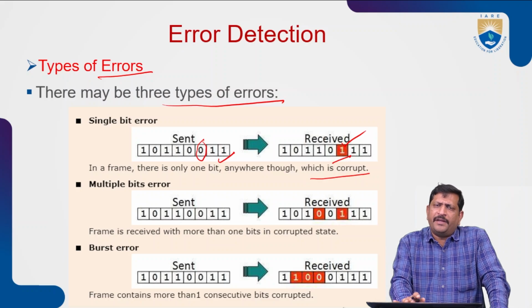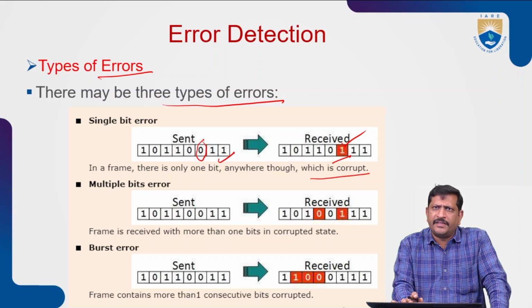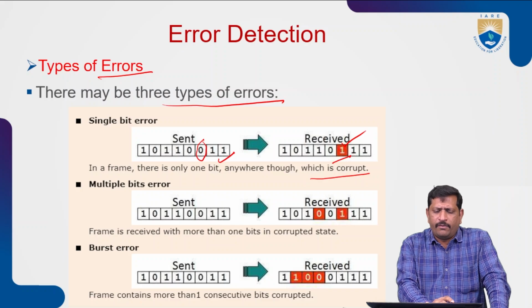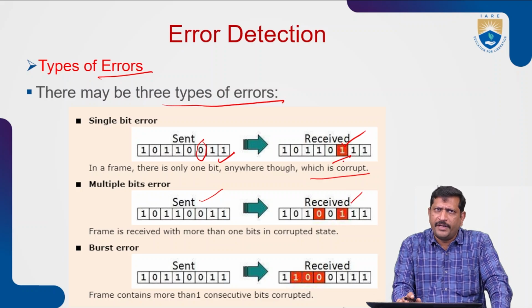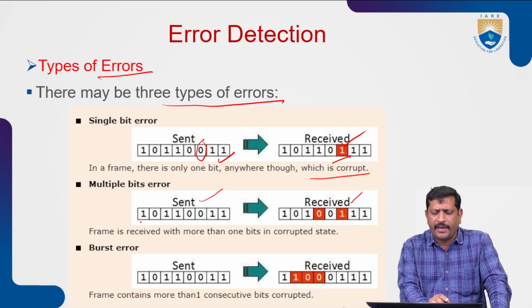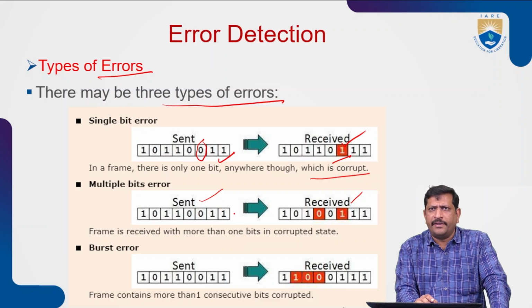Multi-bit error. In multi-bit error transmission, multiple bits are corrupted. That means here 2 bits. If 2 bits of the sender's data are corrupted and the receiver receives the corrupted bits, we call it a 2-bit error or multiple-bit error. For example, the sender sends 10110011.